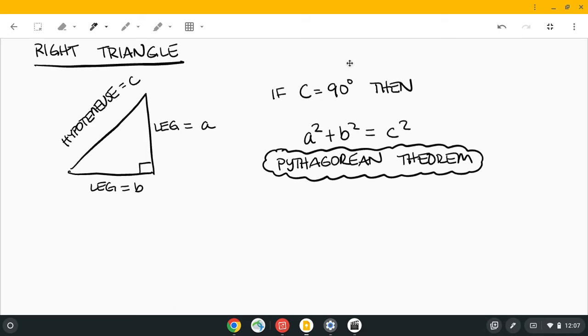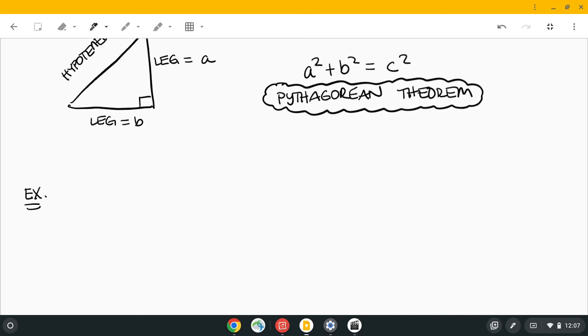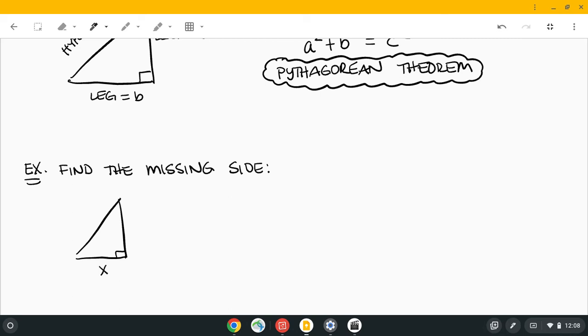All right, so let's take a look at an example here. Find the missing side. Suppose that I have this right triangle, and suppose this is the missing side.